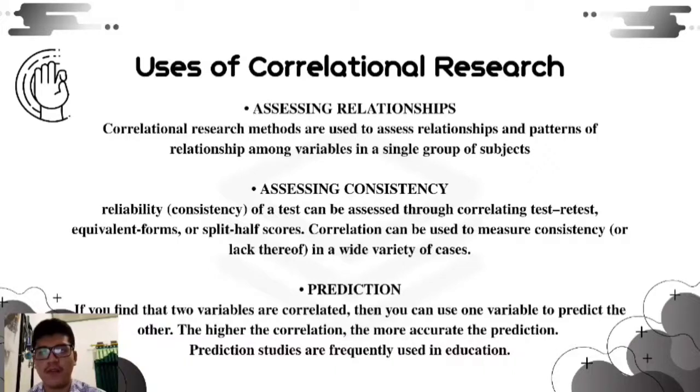And finally, there is prediction. If you find two variables are correlated, then you can use one variable to predict the other. The higher the correlation, the more accurate the prediction. Prediction studies are frequently used in education.